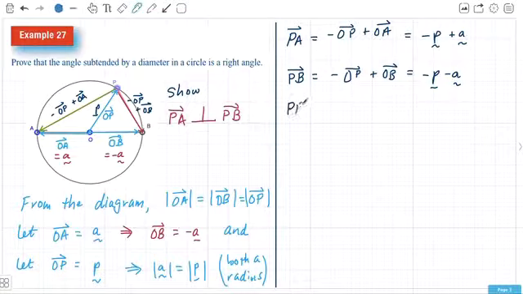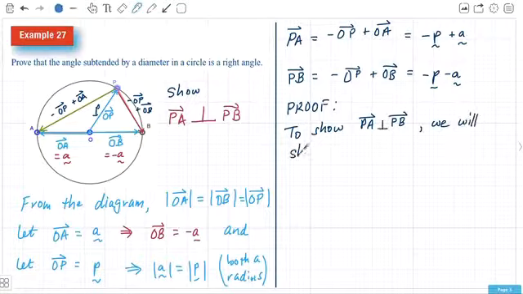So for our proof, what we're going to do is show PA and PB are perpendicular. So to show PA and PB are perpendicular, what could we do? We'll show that the dot product of those two things is 0.